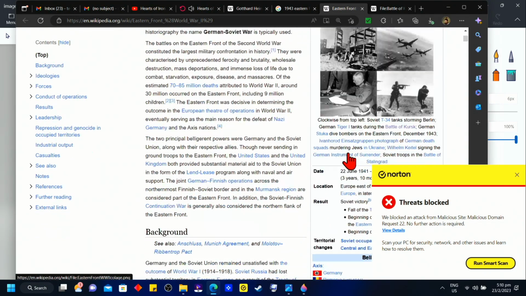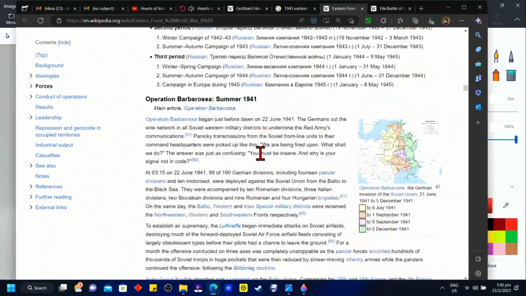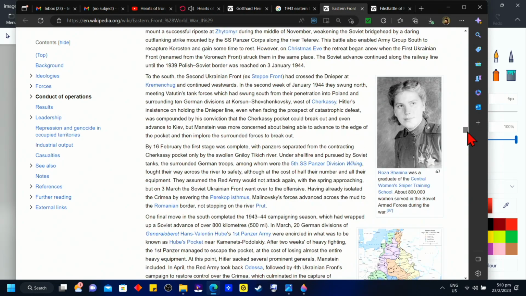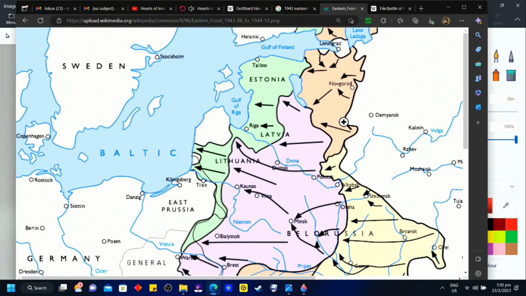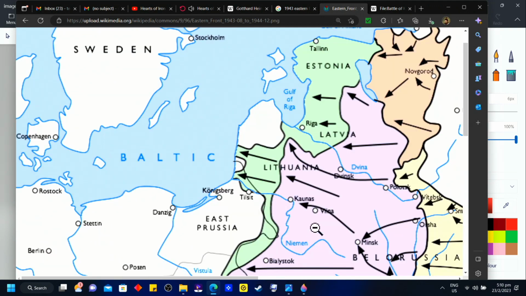A bigger map will be this 1943 map. Okay, 1943 map. So this is the macro view of the Eastern Front.